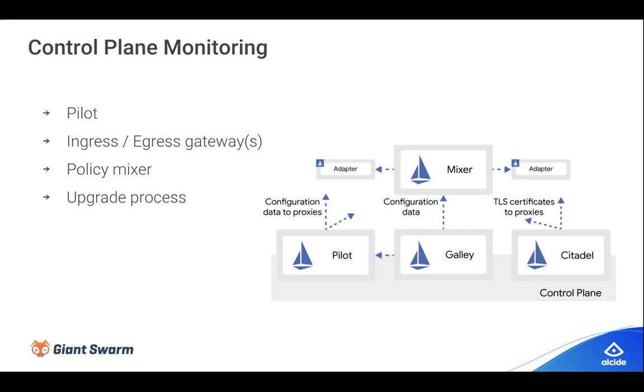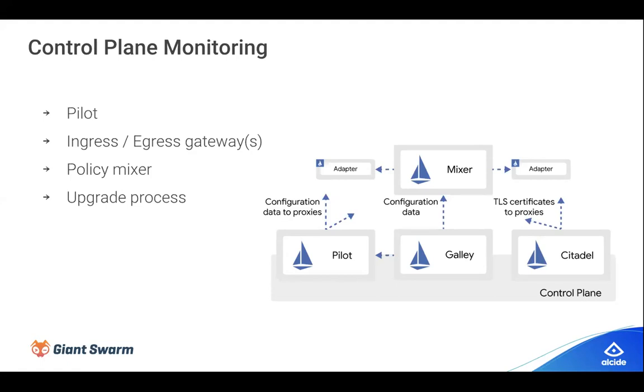And then the upgrade process. I bring this to the table because the Istio project is quite young, and as you saw in some slides before, Gadi mentioned that from one version to the other, there are changes on the APIs, there are changes on the components, and sometimes the upgrade from one version to the other is hard.